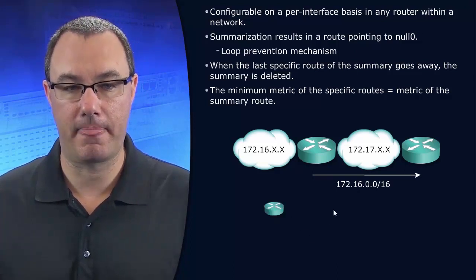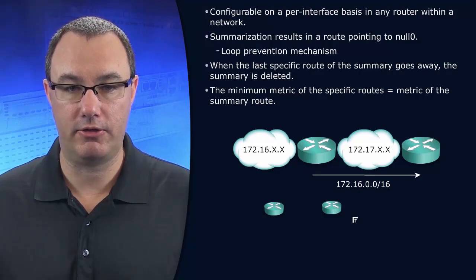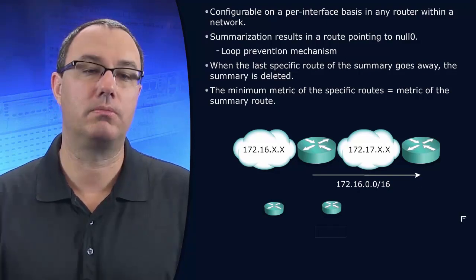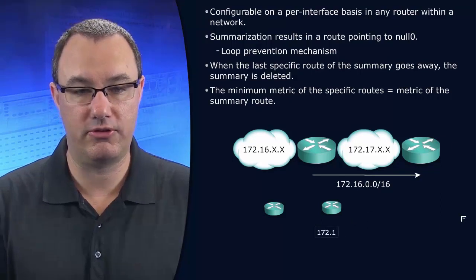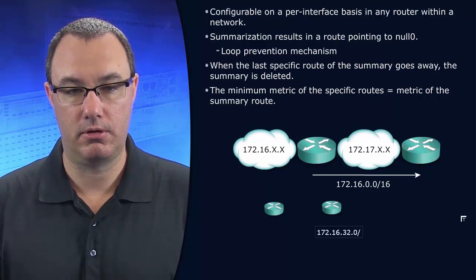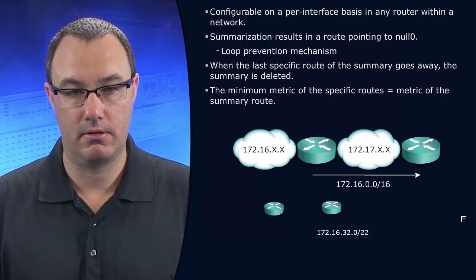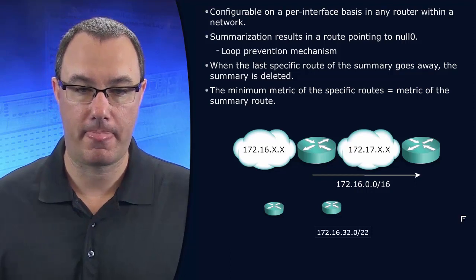Let's say I have the following. Let's say I build in a summary route for 172.16.32 with a 22-bit mask.